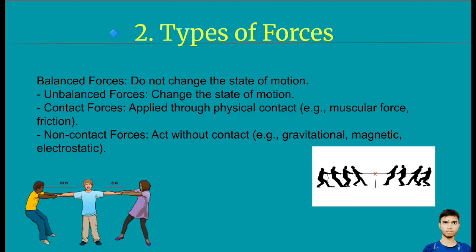So in which side will the object move? Say the left side is 20 newtons and the right side is 10 newtons. Of course the object will move to the left side, because the object is being pulled.